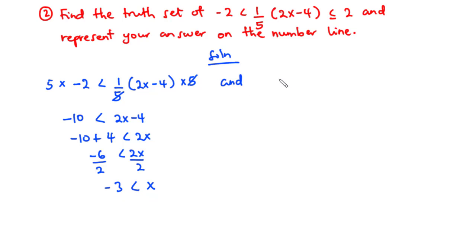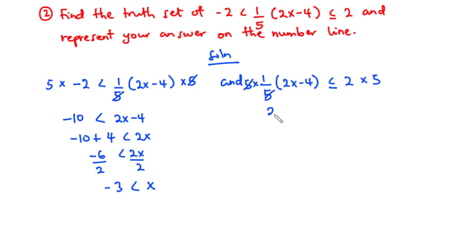And for the second part, we have 1/5 times 2x minus 4 is less than or equal to 2. So for this also, we multiply by 5 and then by 5, and then 5 cancels out 5.